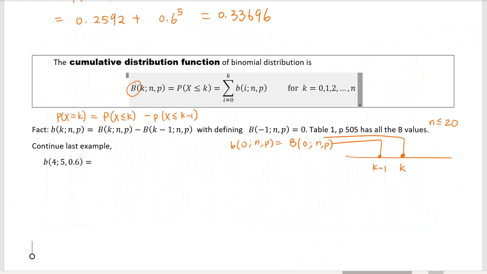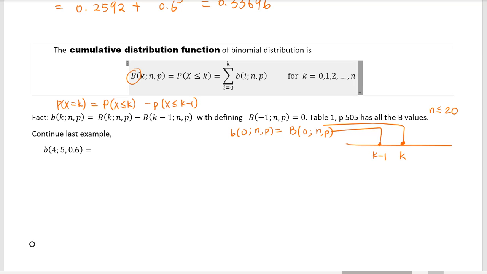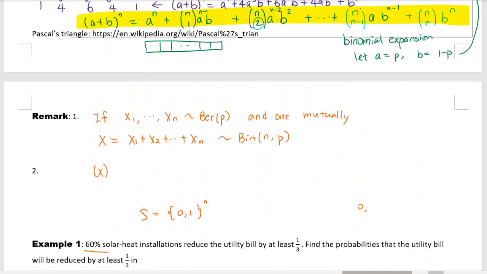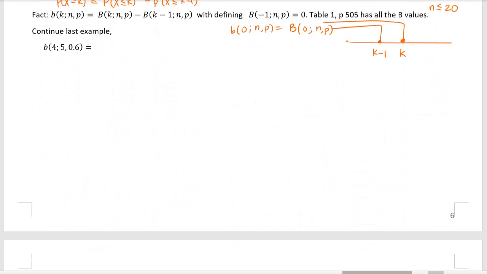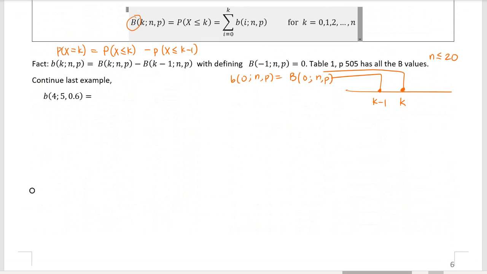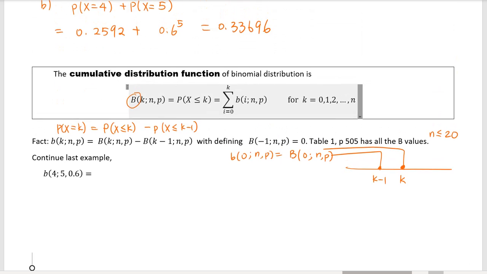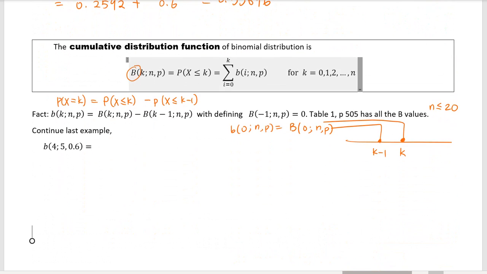An important thing for the binomial distribution: we can use two ways to compute. The first way, we can use the probability mass function. The second way, we can use the CDF. For the PMF, I already showed you the formula. For the CDF, how do we compute? For example, our last example, part A, we want to find b of 4, 5, and 0.6.